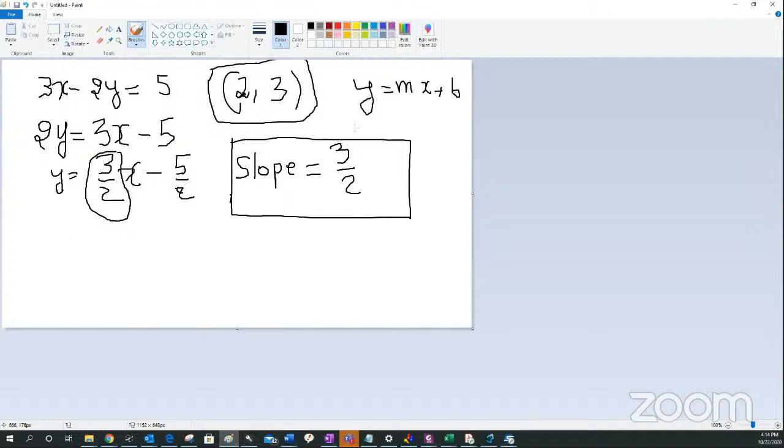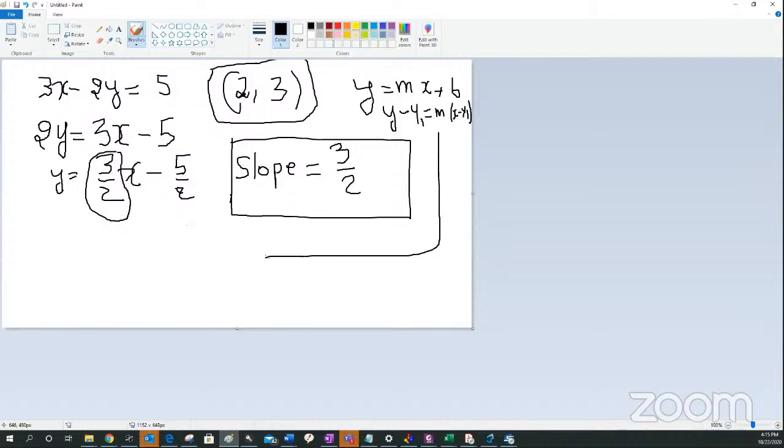You have the other equation of the line using slope: y minus y1 equals the slope, m, times x minus x1. That is your other equation of a line with a point.